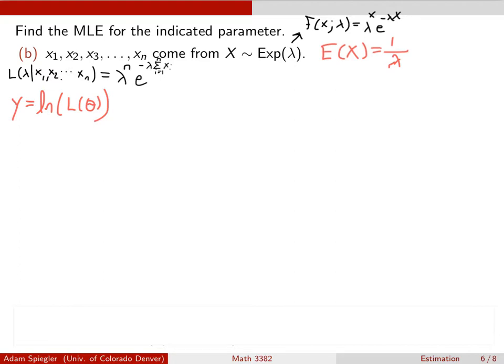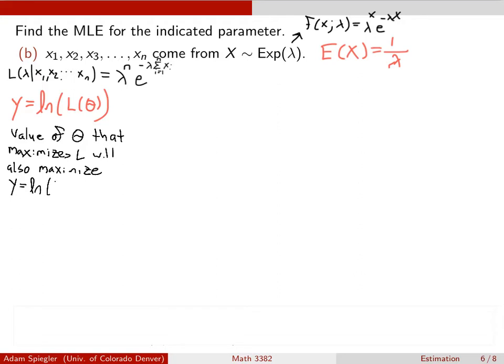So the thing that we want to observe here is that the value of theta that maximizes the likelihood function is also going to maximize the value of y, which is the natural log of this function.